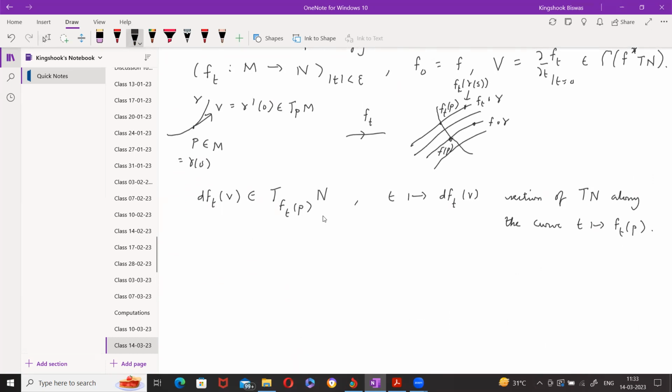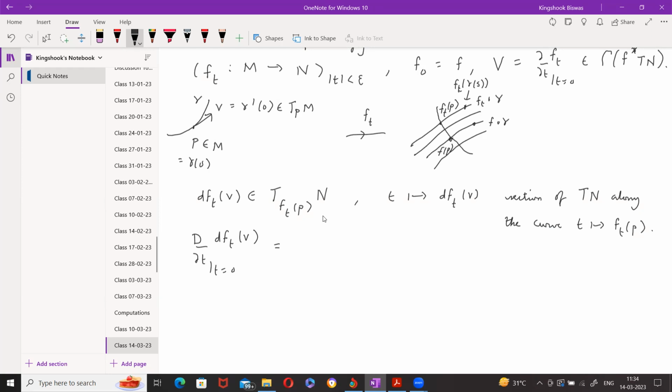Okay. So what is d del T at T equal to 0 of dft of V? Now dft of V is equal to gamma prime 0, right?